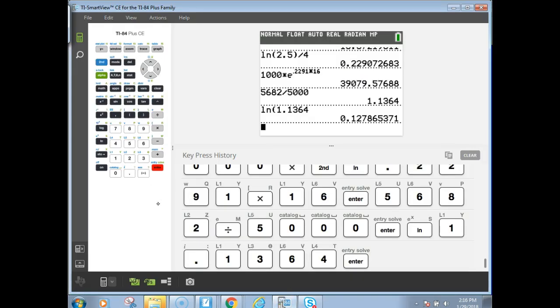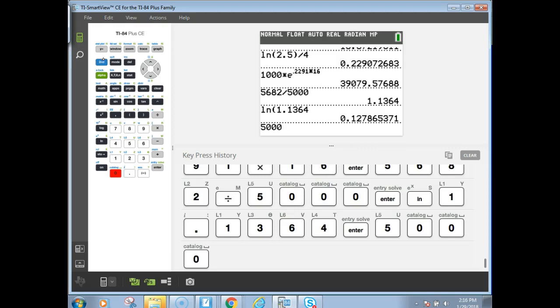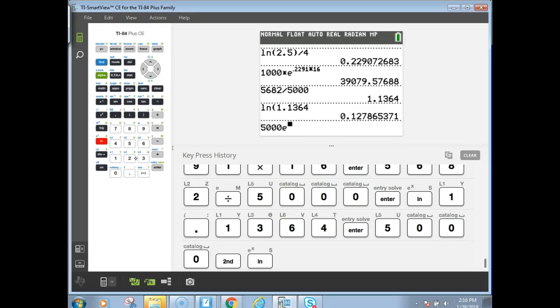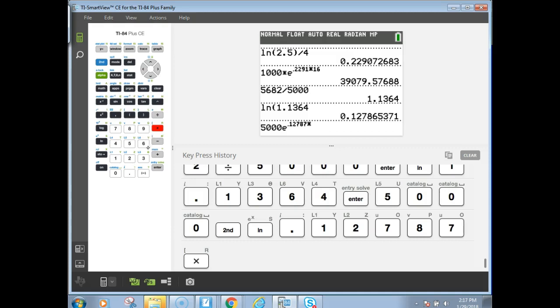It'll help us get the same answers. So what do I have to calculate there? 5,000 times e to the 0.12787 times 5, since the time now is 5 years.